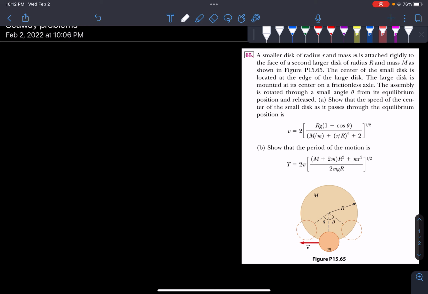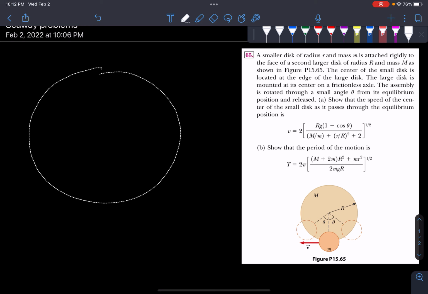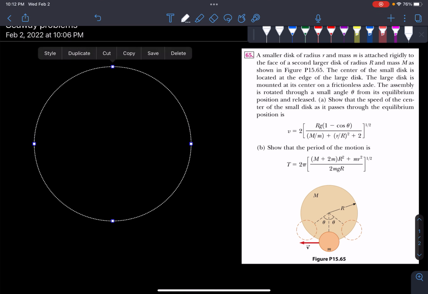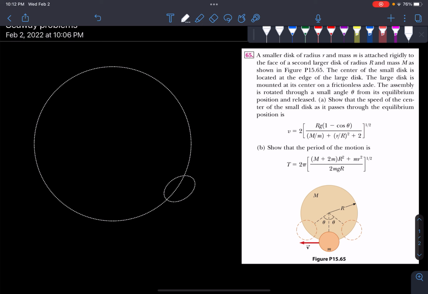So let's see. I'm going to draw the larger disk here. So this is the larger disk. And then I'm going to draw it such that we pull it at an angle. So here's the smaller disk.